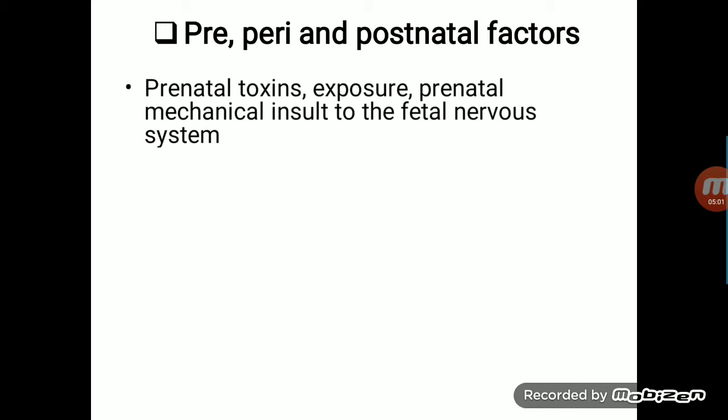During the prenatal stage, if the mother is exposed to any toxins or chemicals, or when there is any prenatal mechanical insult to the fetal nervous system, that means during pregnancy, if due to any invasive procedure the baby's fetal nervous system is harmed, or if there is damage to the fetal nervous system, the baby will have a higher risk of getting affected with this disorder.